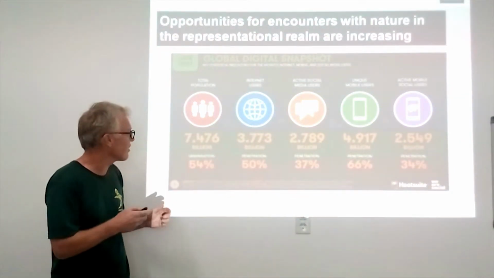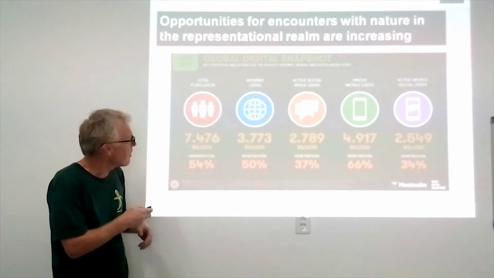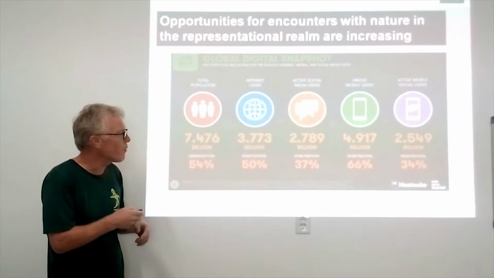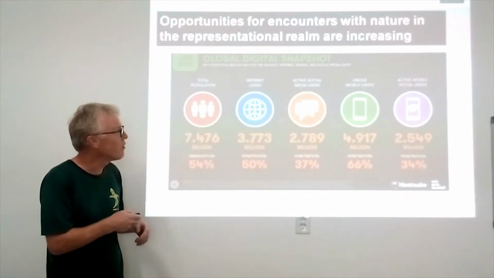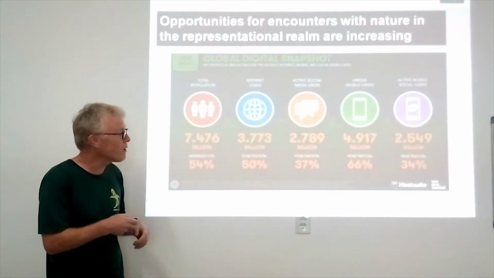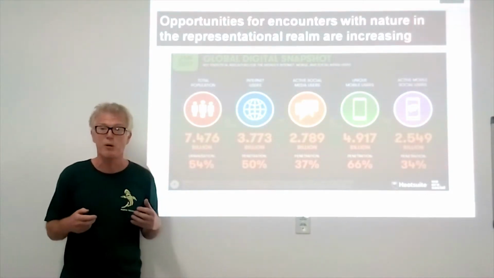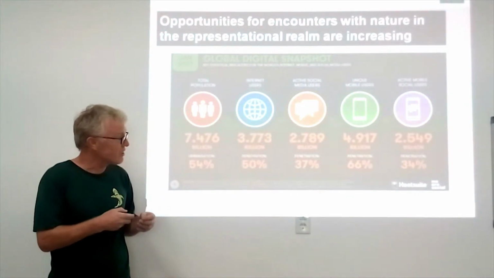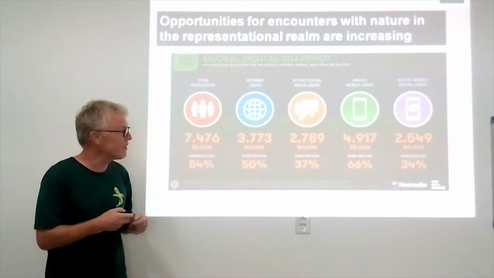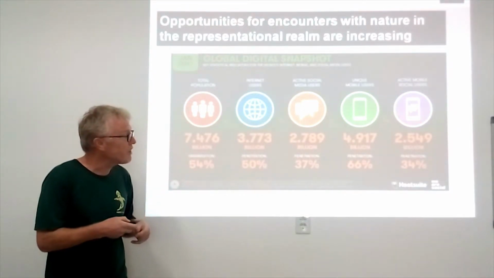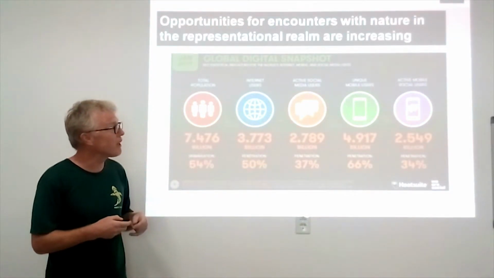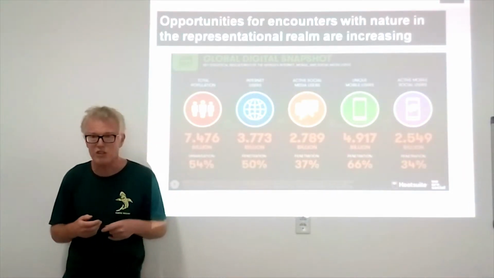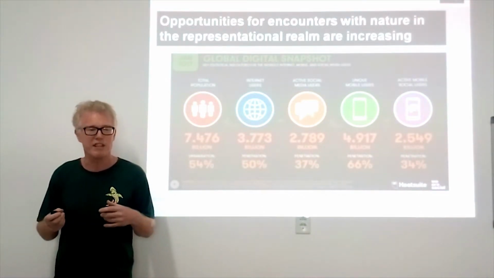To put this into context, there are approximately 3.8 billion people with access to the internet, almost 50% of everybody that lives in the world. 2.8 billion social media users. 4.9 billion unique mobile users. And 2.5 billion active mobile social users. So the penetrance globally of the internet is enormous.